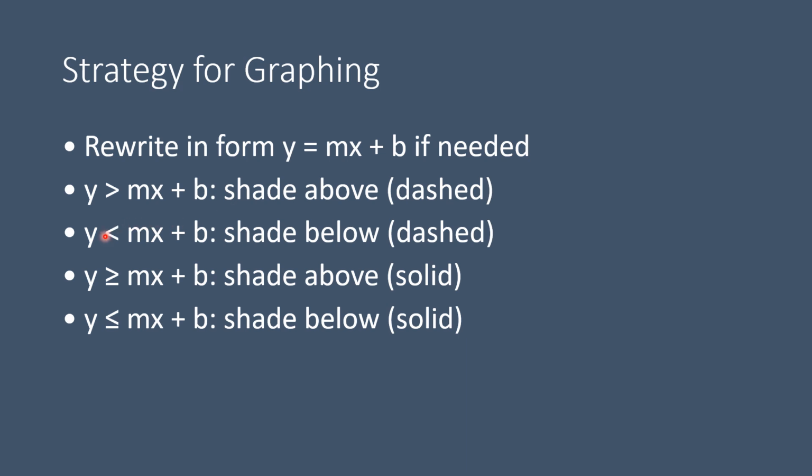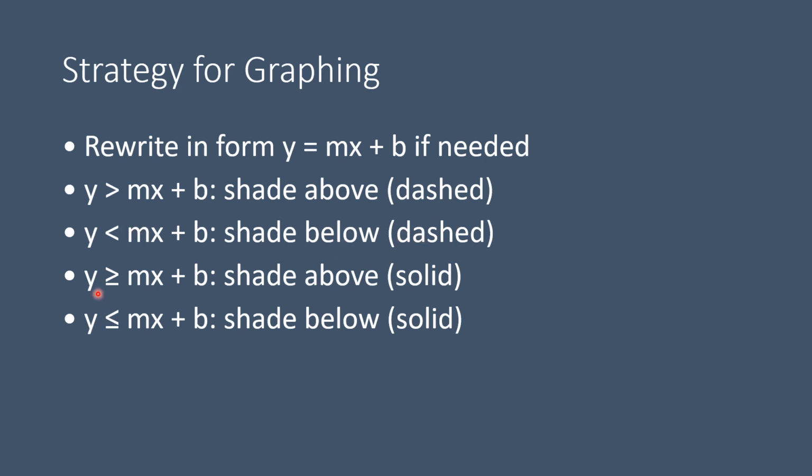Good. So if we have y less than mx plus b, it means that our solution region is below this particular borderline. Yes, it's below the line. So here too, we are going to use a dashed line.